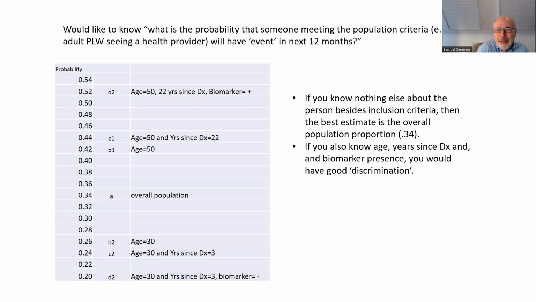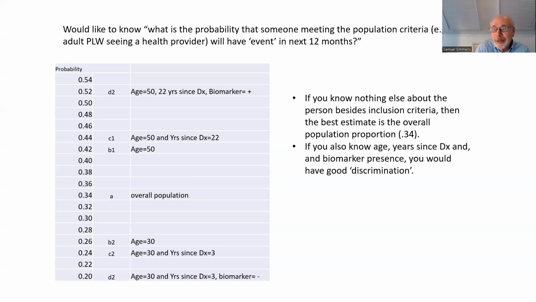One follows from the other. So one little thing to learn from this is that if you have variables that are highly correlated, it's unlikely that adding one to the other is going to make a great deal of difference in terms of the predicted probabilities. Adding more variables generally does help, but it may not help very much.